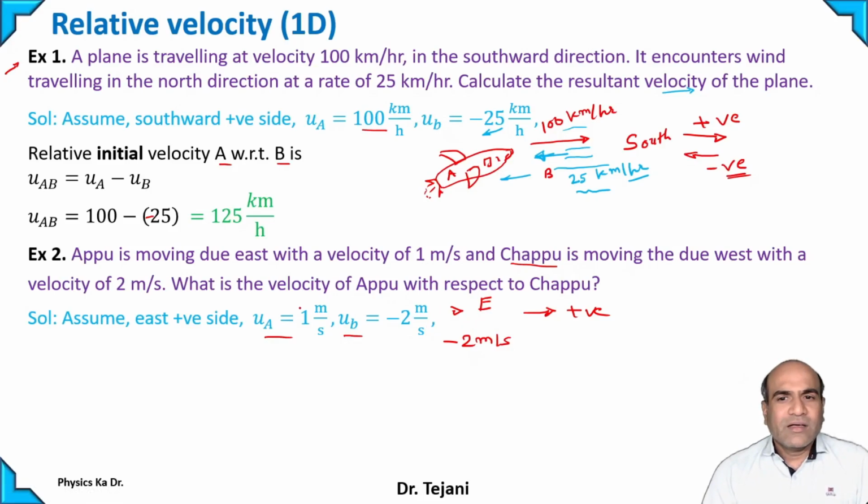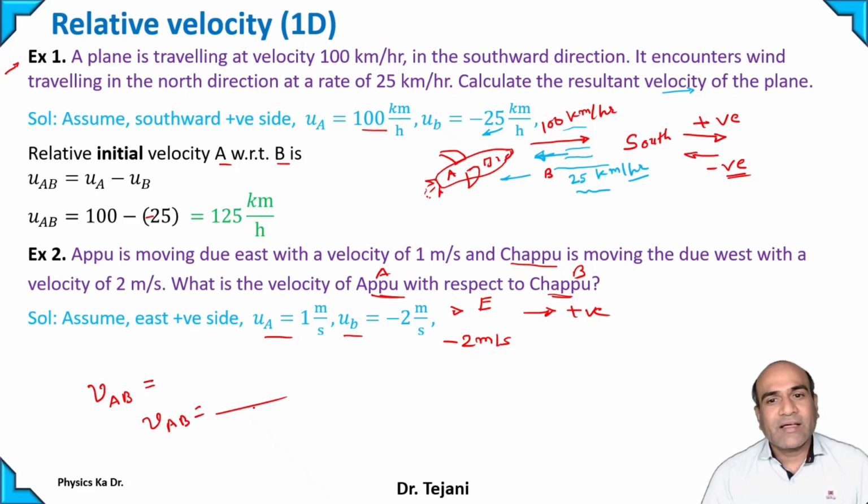Our relative velocity equation with respect to Appu, that means A to Chappu, right? So our velocity equation V, or you can say U, whatever you want. Appu is A, for Chappu we are using B. So it is AB. See, do not directly write it like that.